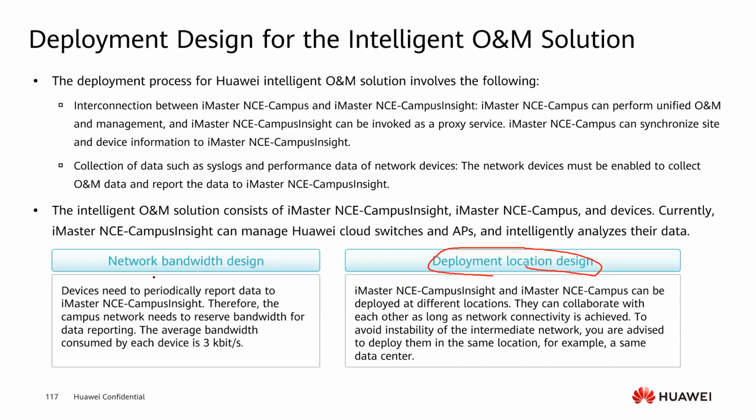Because for the Campus Insight, you need to collect network information. All the devices need to report network information to the Campus Insight. So you need to reserve bandwidth for the collection traffic, and the bandwidth is 3 kbit per second for each device.